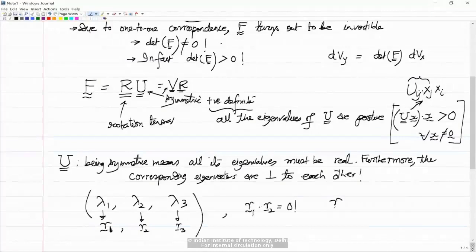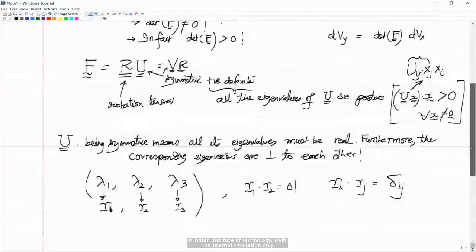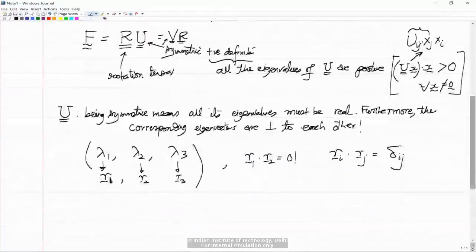In fact, you can write it in index form also: r_i dot r_j equals delta_ij. That's a property of these eigenvectors. So eigenvectors corresponding to different eigenvalues are perpendicular to each other. All right, so that's a very nice property of U.